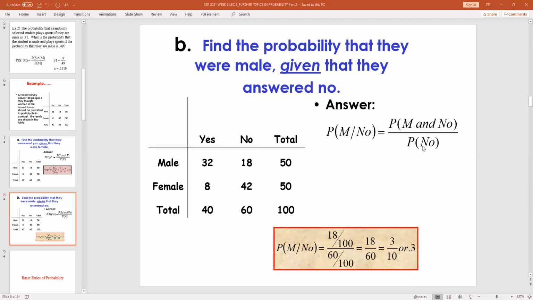And if I want to know the probability of no, then what I'm actually going to do is figure out the total number of people that say no? And that's going to be 60. And what is the probability associated with that? And that's going to be 60 over 100. And that's exactly what I have here. Then the probability is 3 over 10, which is 0.3, or something that you can actually call 30%. Okay. I'm going to move forward now.